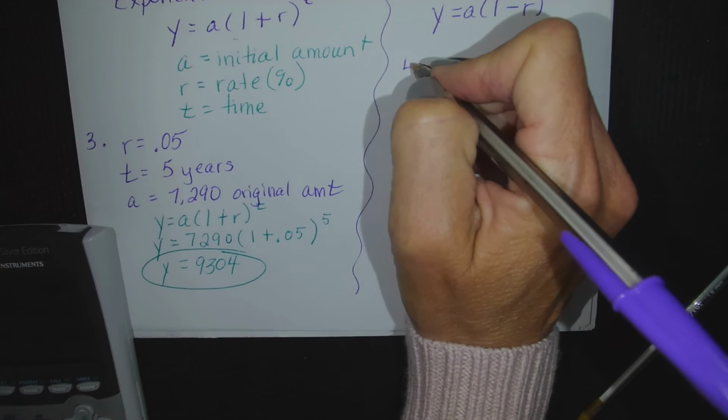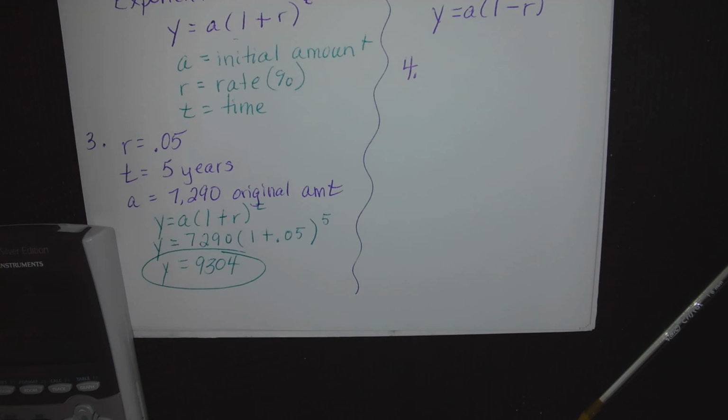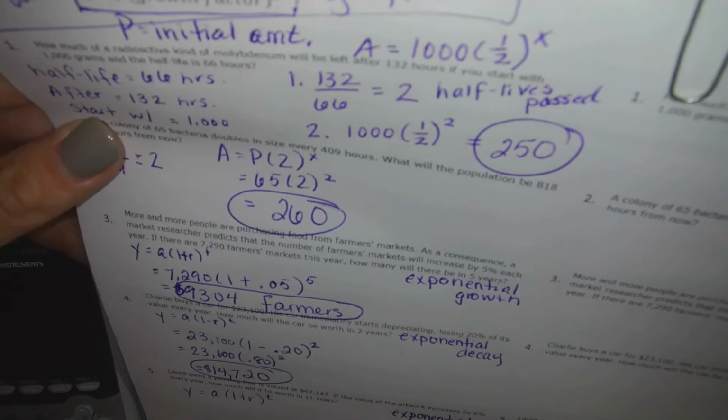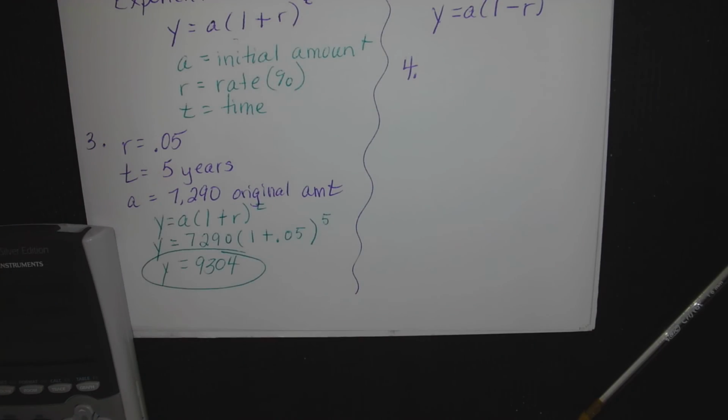Okay, I'm gonna go back up here so I have more room. Charlie buys a car for 23,100? Is that right? I've marked through it. His car immediately starts depreciating. So we have growth or decay? Decay. Losing 20%.